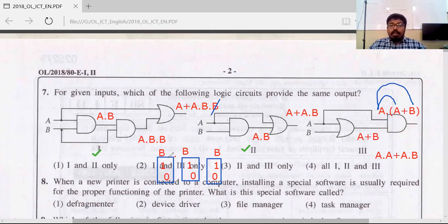As I said earlier, B into B is equal to B. That's how A into A will be equal to A. Why? When this one is 0, this is 0. So output will be 0. When this is 1, this is also 1. Output will be 1. Right? So A dot A, I can write it as A. So here I will remove single A. So here what's the balance? A plus AB, A plus AB, A plus AB.